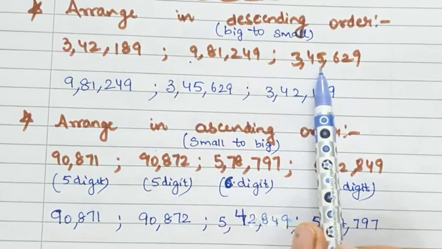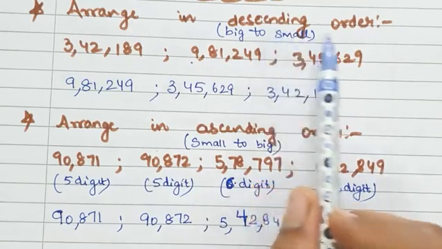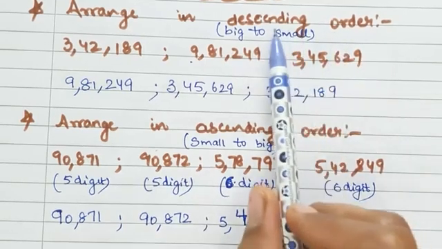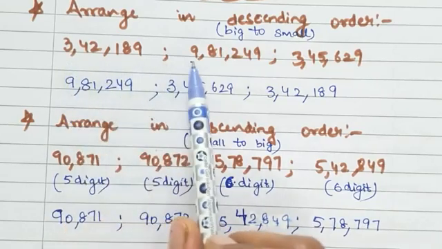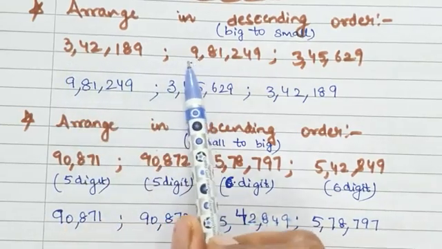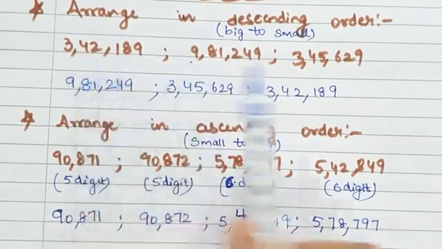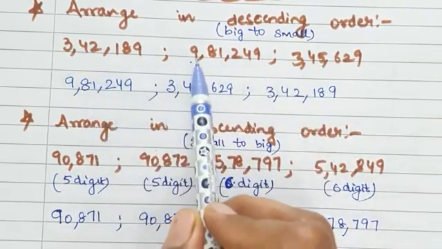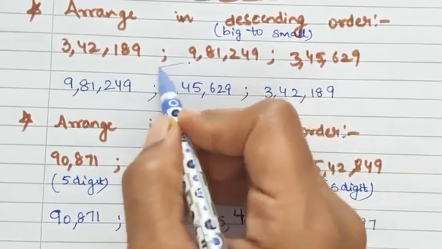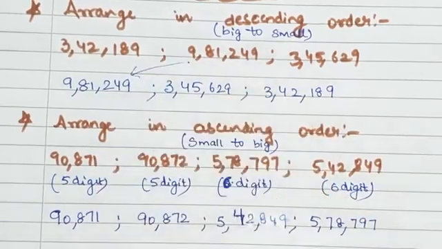So now let us start arranging them in descending order. Descending means start from big. Yes, 9, which is greater than these 2 digits.